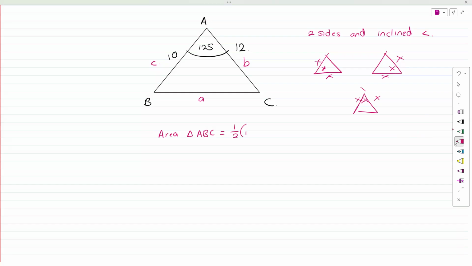So it's going to be half of 10, 12, sine 125. And this would be 49.15. Guys, I'm using centimeters squared. I should have just put centimeters. I did not. But again, it's very simple.